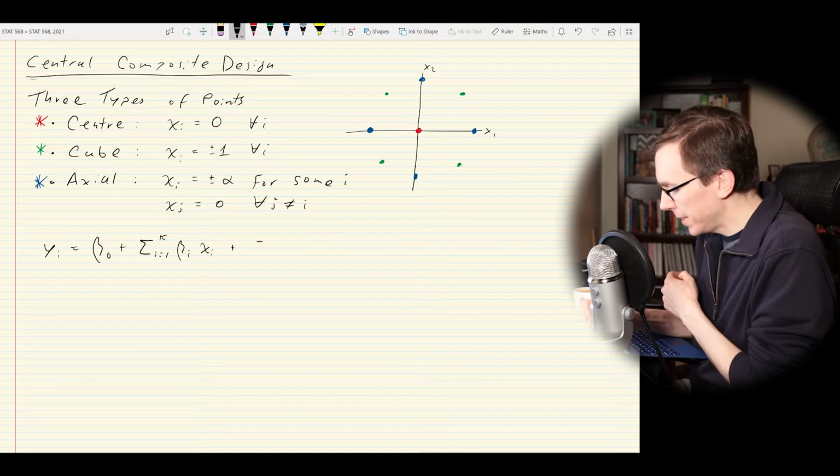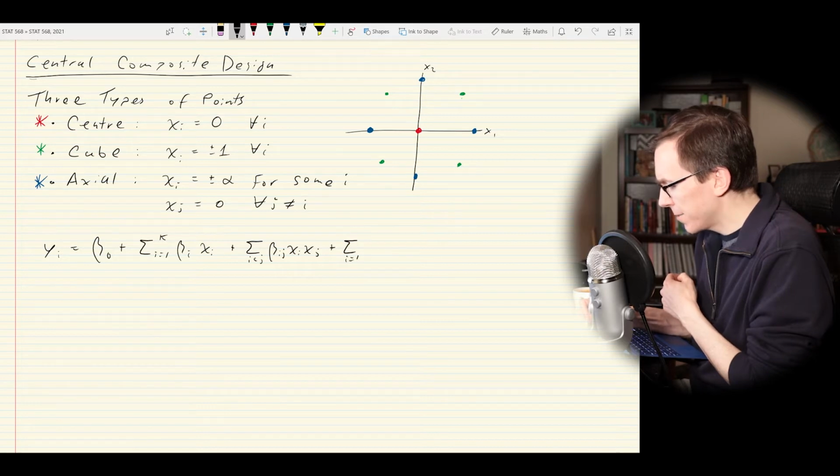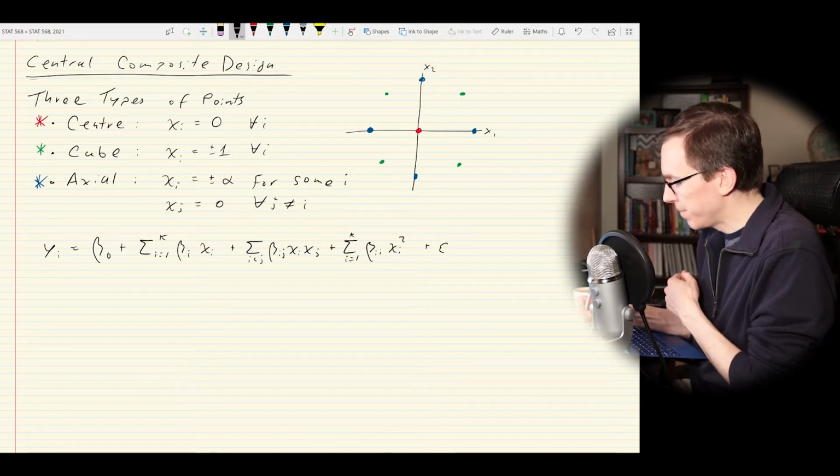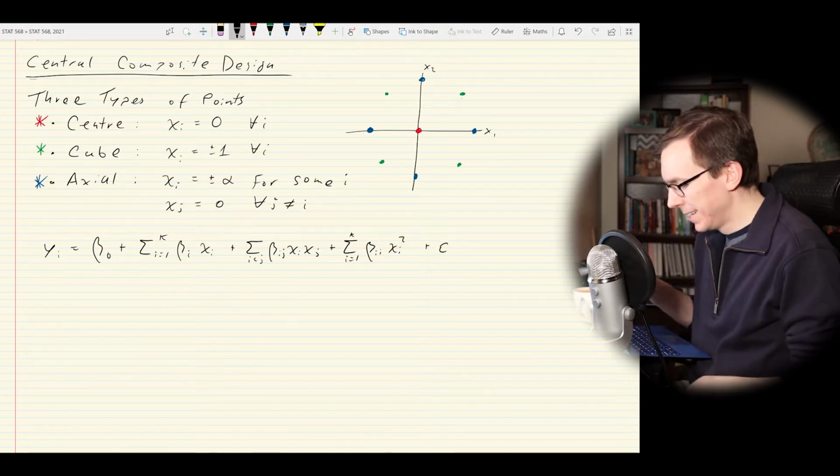Then we're going to have the cross terms, the interaction terms, i less than j, beta ij xi xj. And lastly, we're going to have our pure quadratic terms, i from 1 to k, beta ii xi squared. And then there's going to be some epsilon random noise.